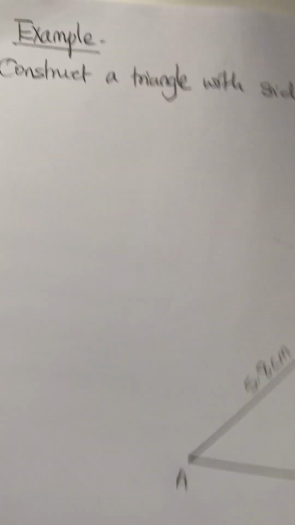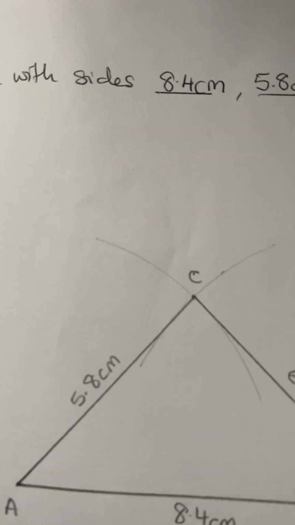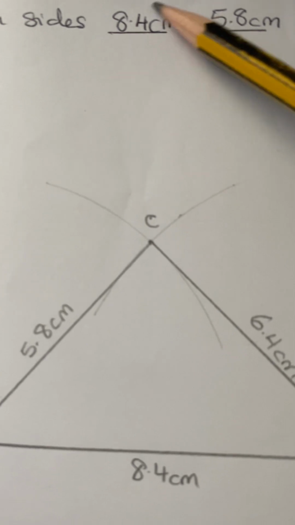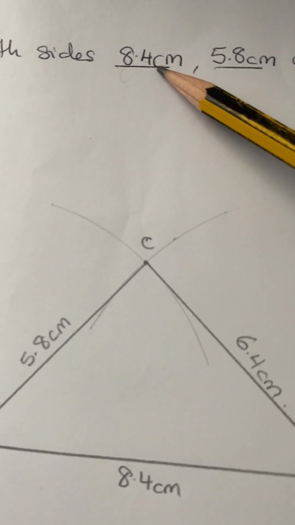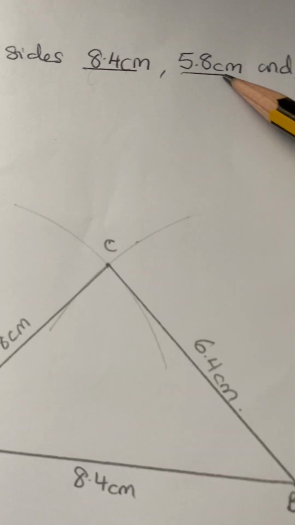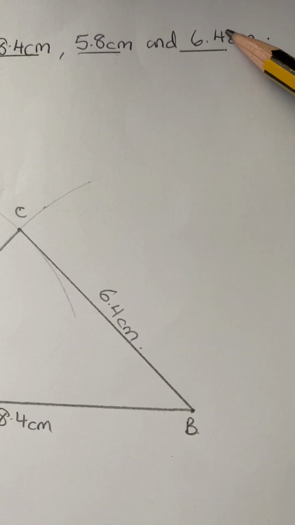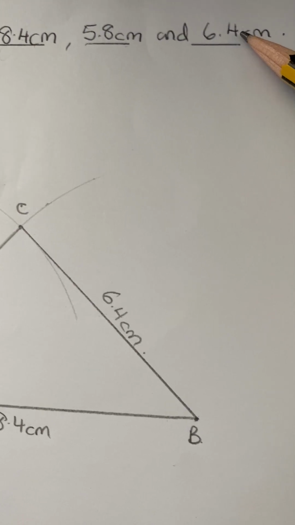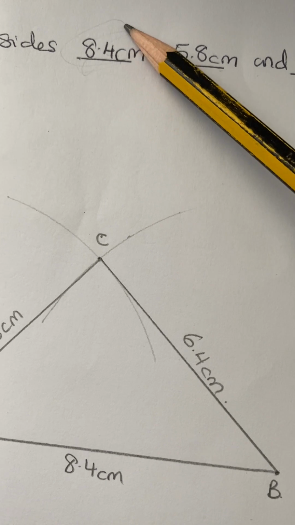Now let's look at the next example. So I have another example here. We are drawing a triangle with sides 8.4 centimeters, 5.8 centimeters, and 6.4 centimeters. Again, I'll go for the longer line.